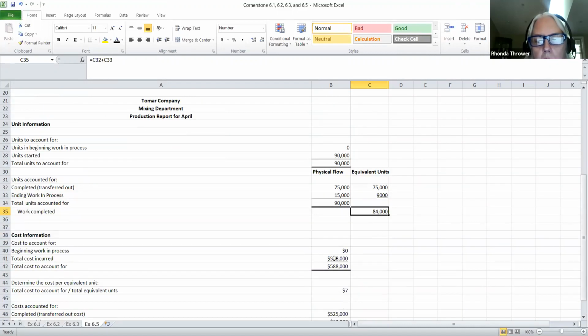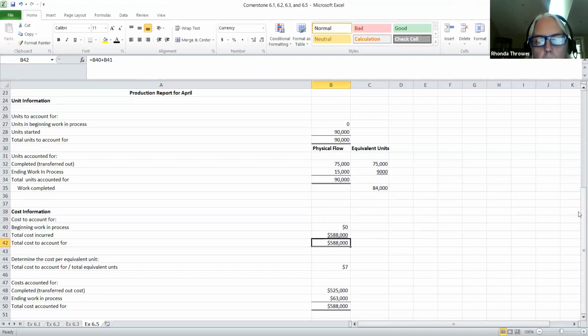Combine them together to get the total cost of the items that you are producing during this period of time. Since there was no beginning inventory, all the cost we incurred during this period amounts to $588,000. So we add the beginning inventory cost plus the cost that we incurred this period to get our total cost that we have to account for.